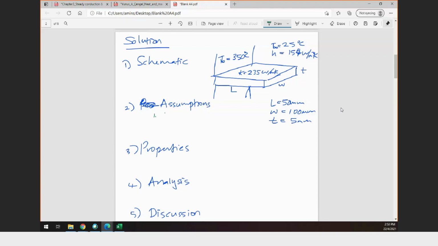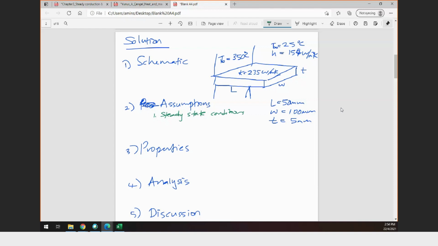Steady state condition of the value of temperature, value of convection coefficient.